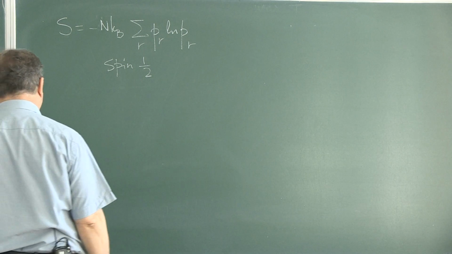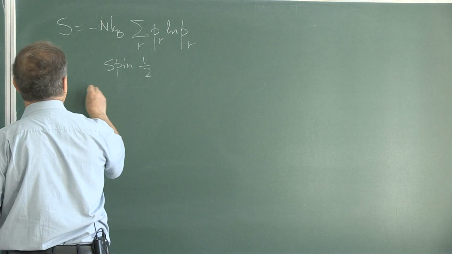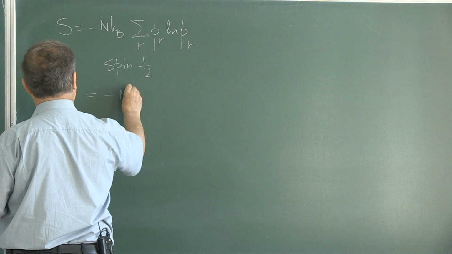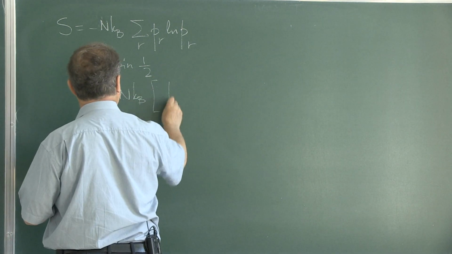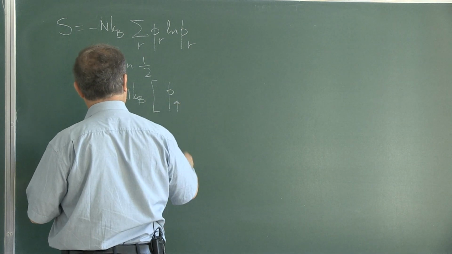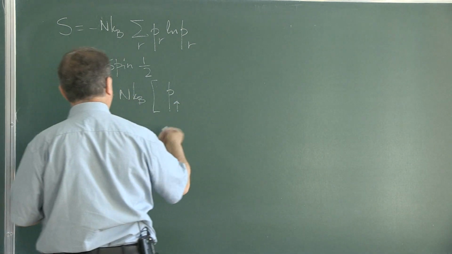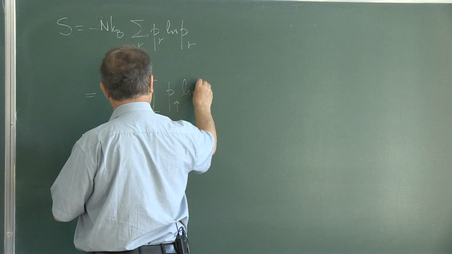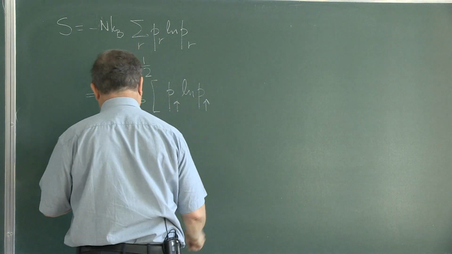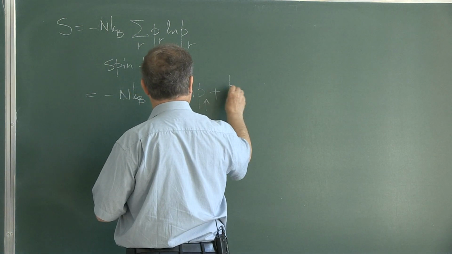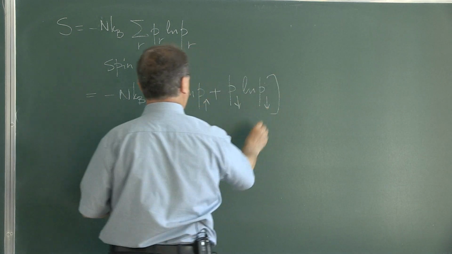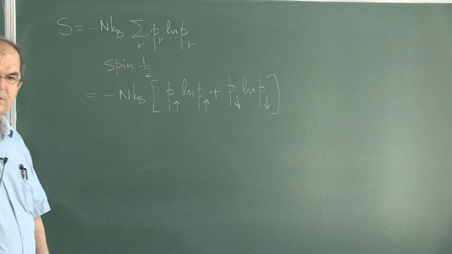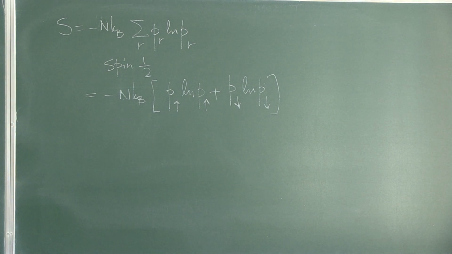In this case, you can write entropy as minus N k_B. We have two states. Probability of the up state, P up ln P up, and P down ln P down. Oh, very pedagogical example, I think.